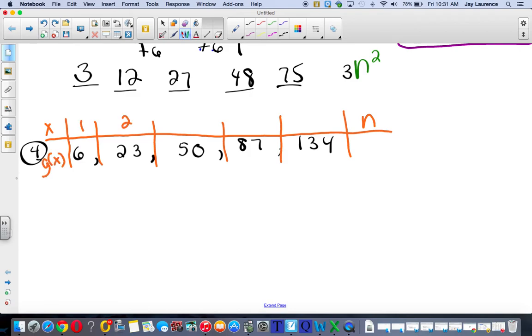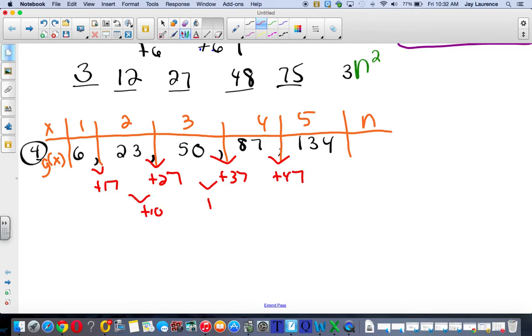So there's 1, 2, 3, 4, and 5. And let's go looking for our differences. So I got 17, and there is 27, and there's 37, and is that 47? Yeah, I think it is. So my second differences are plus 10, plus 10, plus 10.